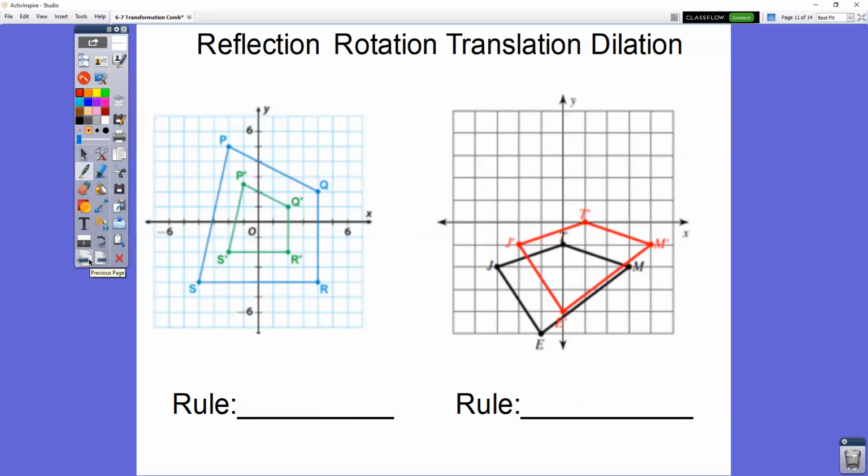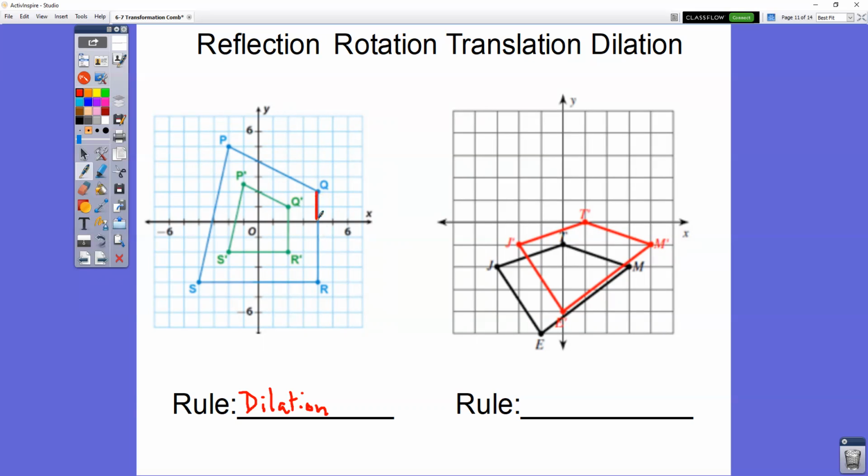So in this one, we are getting smaller. Notice that this blue shape is bigger. The green shape is smaller. The only thing that gets bigger or smaller is a dilation. Now, how much bigger, how much smaller? So there's 2 different ways that you can figure it out. You can look at the coordinates or you can look at the length of the sides.